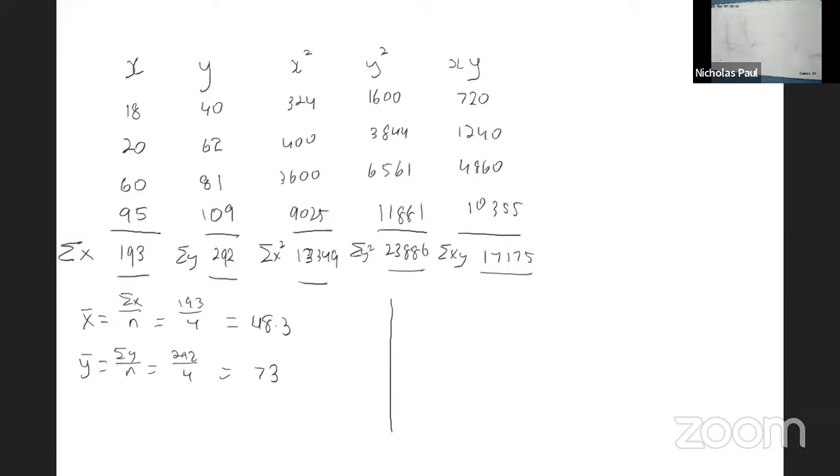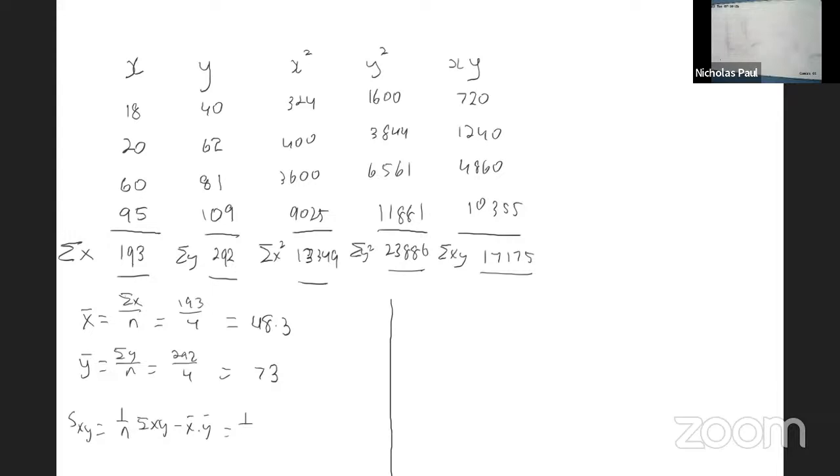Let's see if we could find first SXY. Using the small n formulas, 1 on n times the sum of xy minus the mean of x times the mean of y.